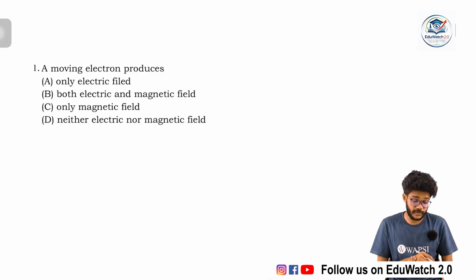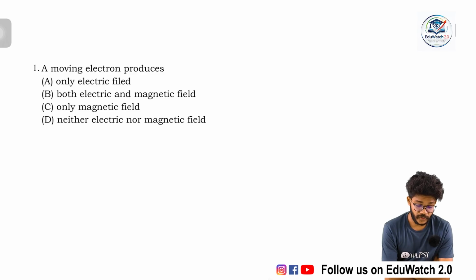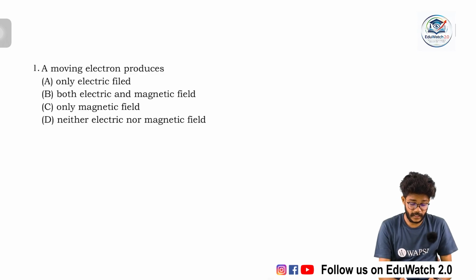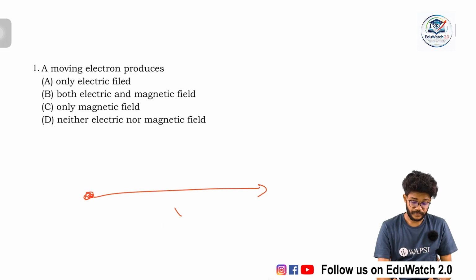The first question: a moving electron produces... electron means what? Charge. When the charge is at a stationary position, the electric field is a property of electrostatics. Here the electron is moving with a velocity.